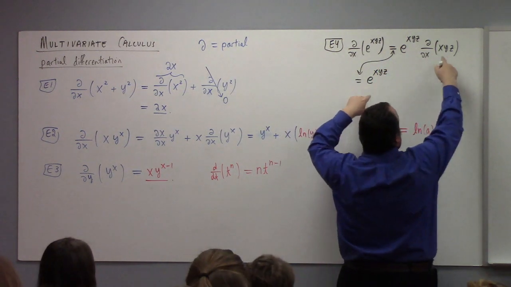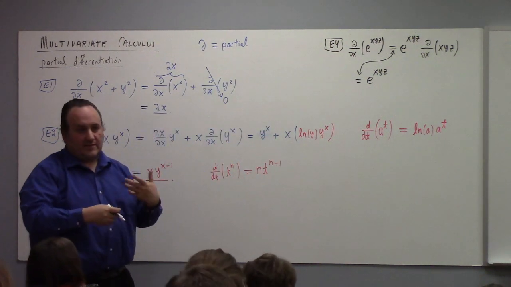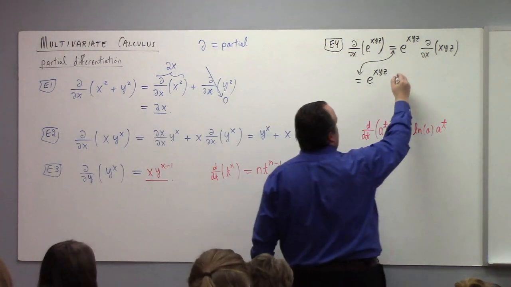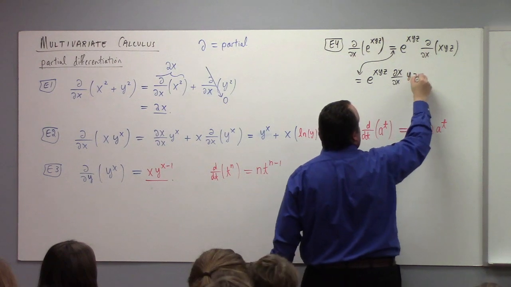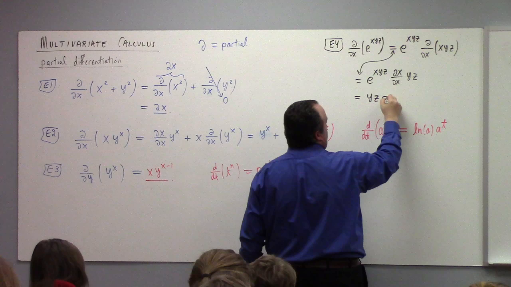Here, if we're taking the derivative with respect to x, we hold y and z constant. We can pull them outside the derivative, right? So this is really partial x of xyz, which is yz. In other words, the answer here is simply yz e to the xyz.